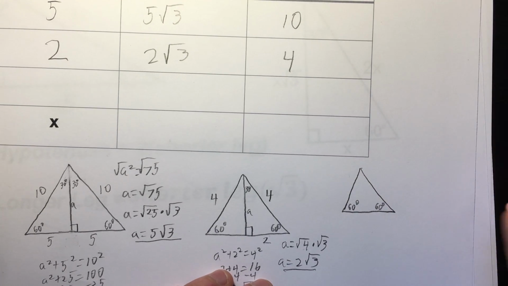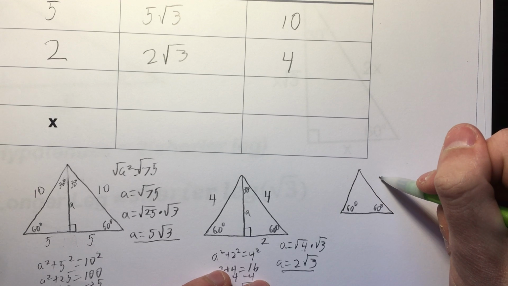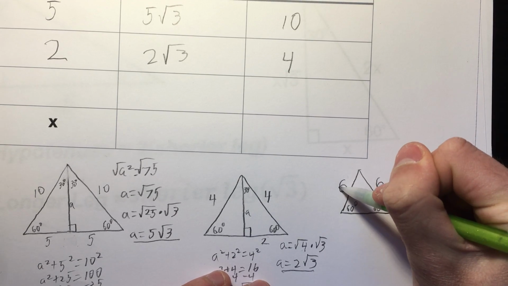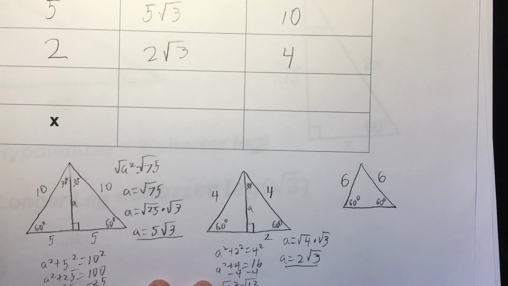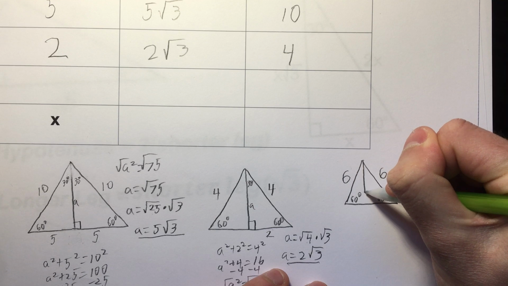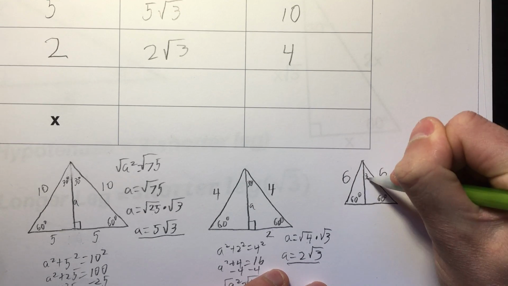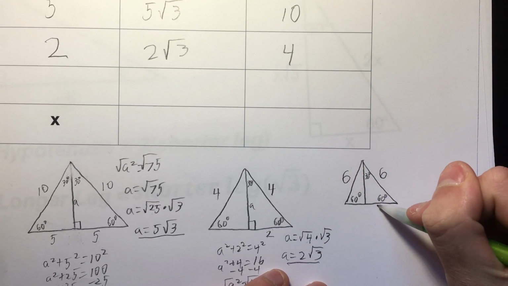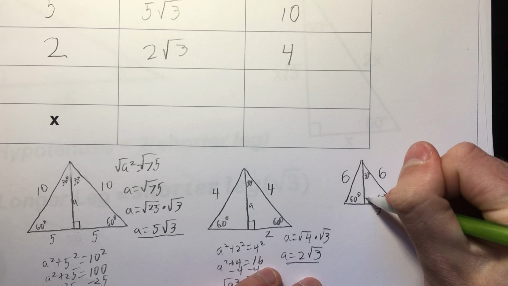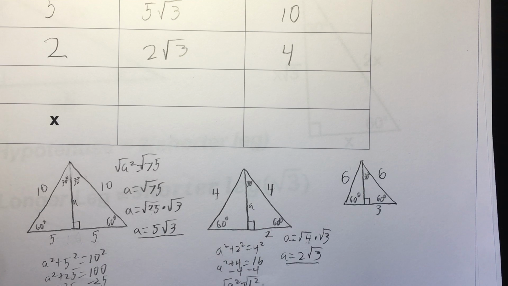And I'm going to give these a side length of 6. And again, you guys could choose any number. I recommend an even number just because it's easier, but I'm going to do 6. And then bisect it down the middle so that this angle is 30 degrees. And so this would have a length of 3. And we know because it's bisected, that's a 90-degree angle.